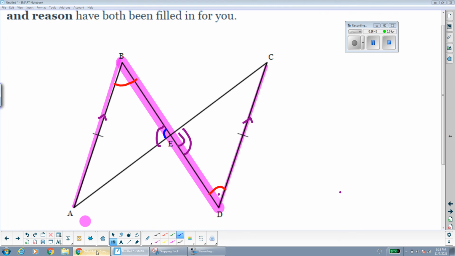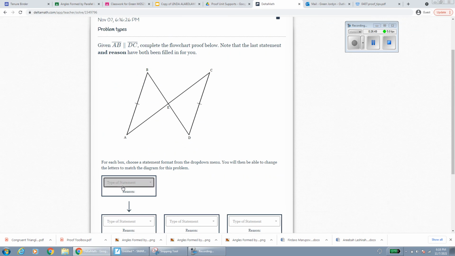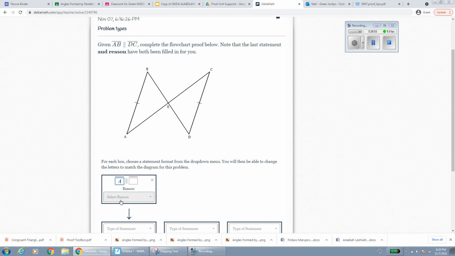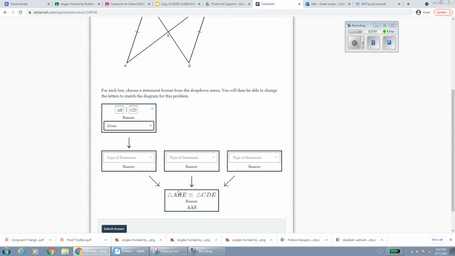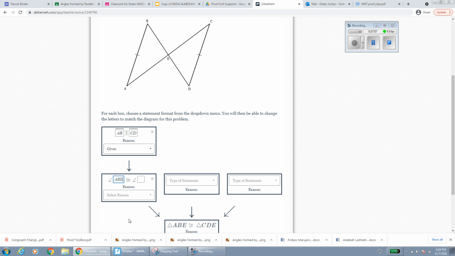So we have our information. Let's just put it into Delta Math. So we need to put in our given that AB is parallel to CD, and that's given to us. From that given, we drew the conclusion that we had the congruent alternate interior angles. So let me put that in. That was ABE and CD.